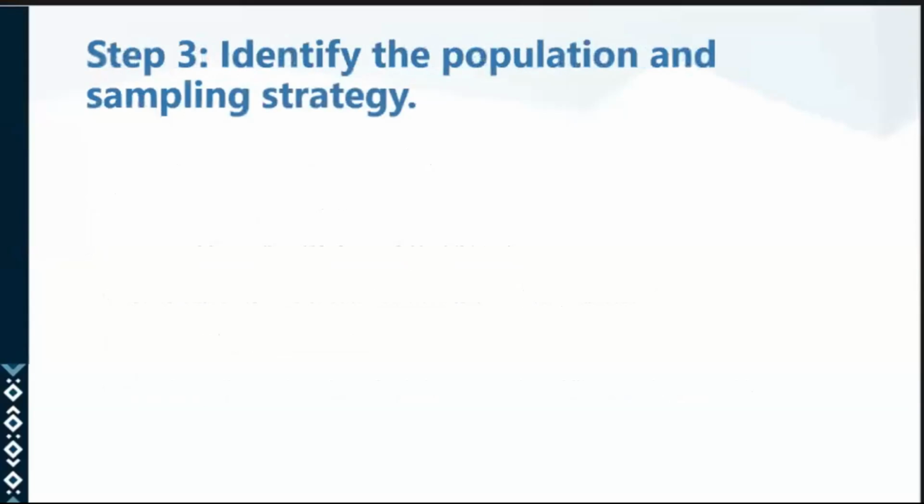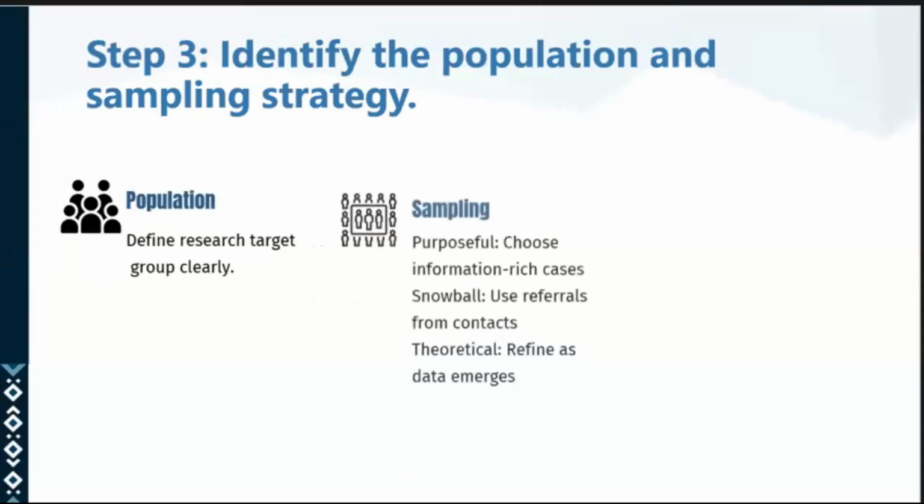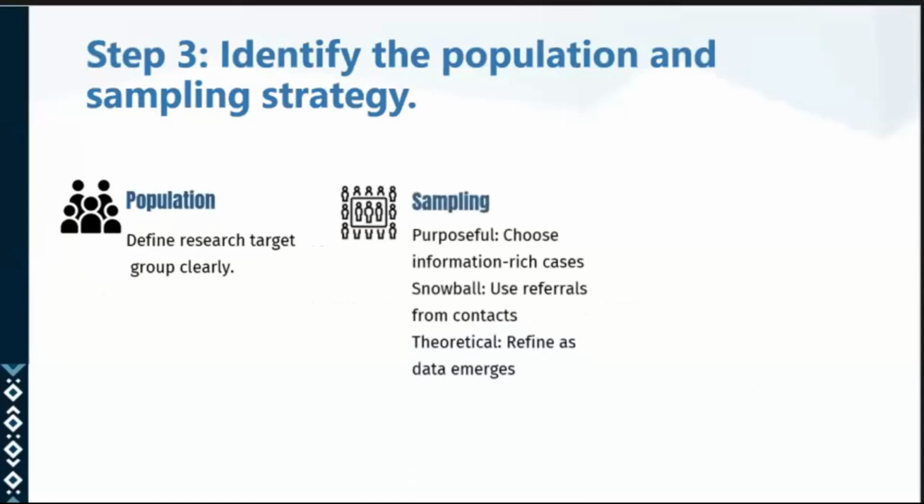Our next step is identifying the population and sampling strategy. Like I earlier said, the population here, you don't just take everybody. You define a target population based on your research topic. With regards to sampling in qualitative research, we have some sampling methods that we always use.